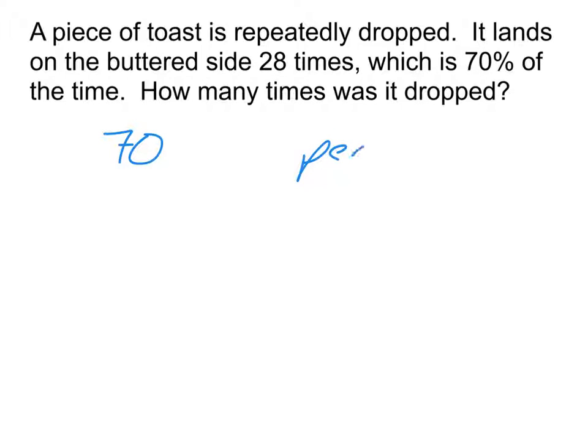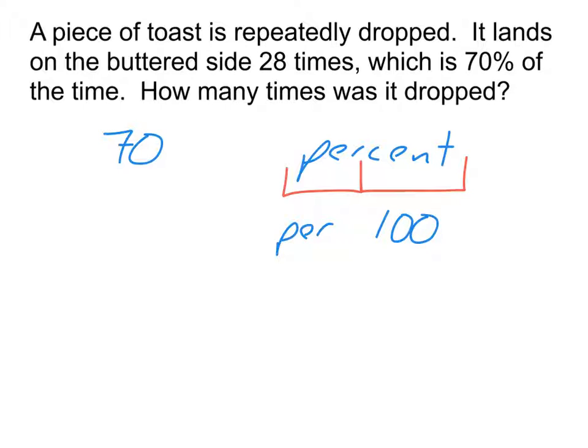The word percent actually comes from two different words put together. Per, well that's just per, or in other words every. Cent. How many cents are in a dollar? 90. I mean 100. I would say 99. No. Per 100.